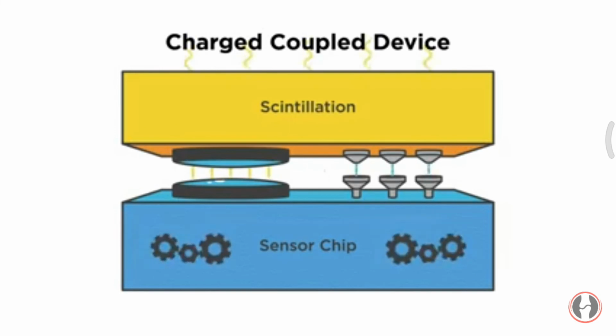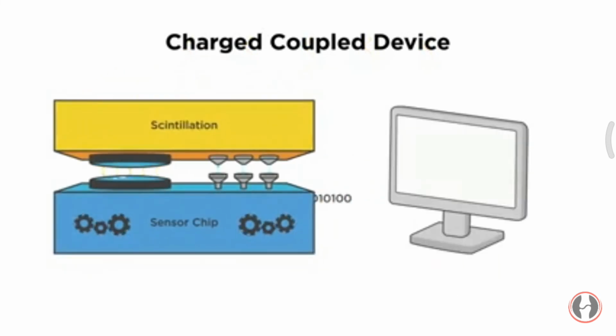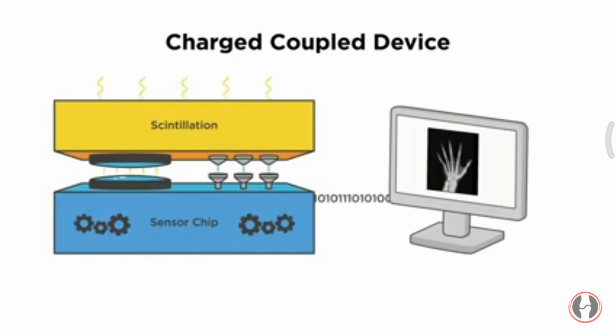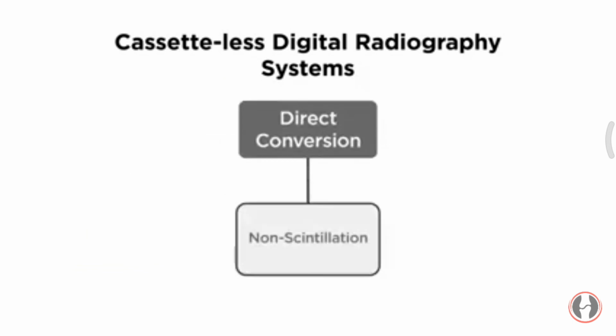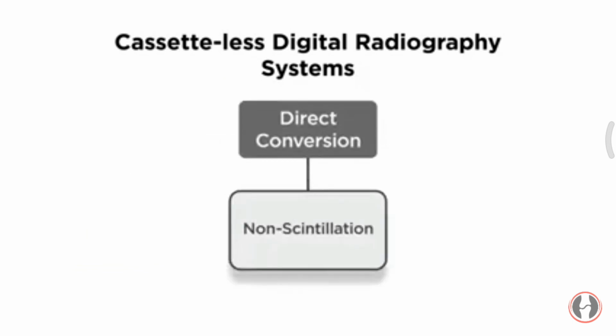The CCDs are able to both convert light photons into electrical signals as well as send the electrical signals to the computer for processing.